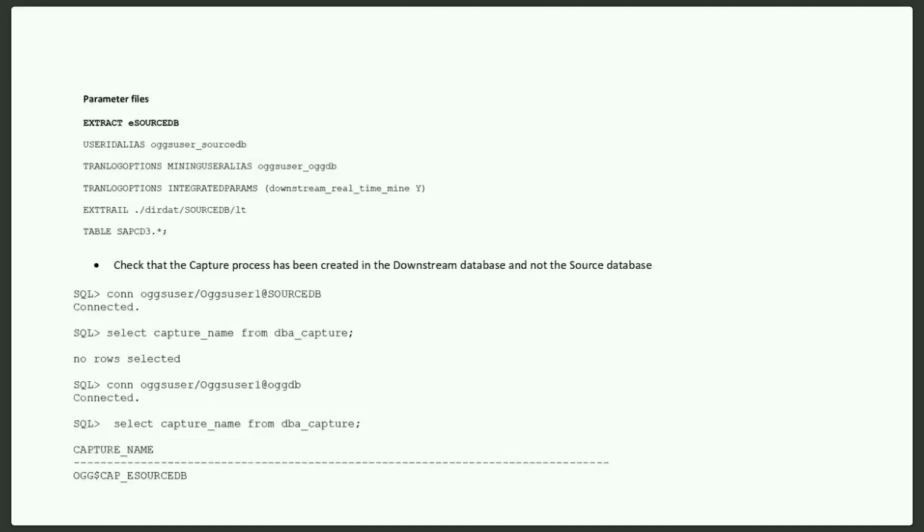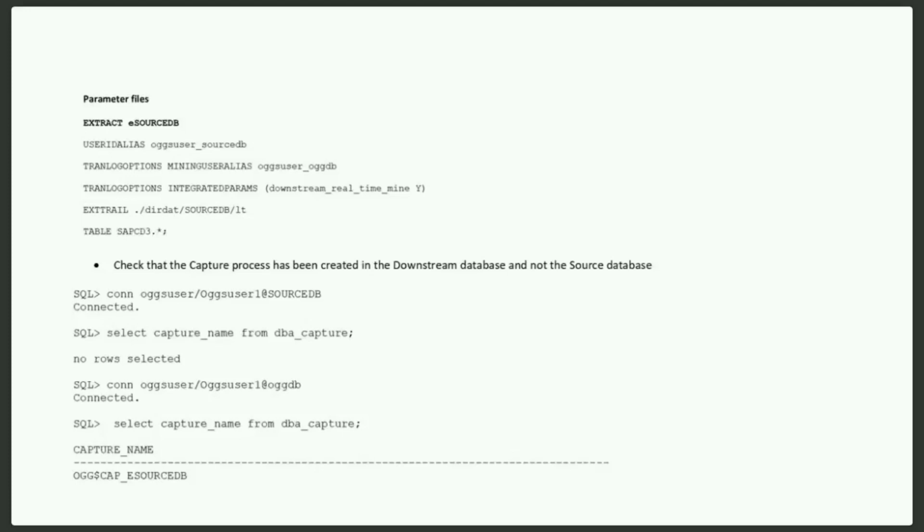Here we can connect to the source database, and if we query DBA_CAPTURE, the query SELECT CAPTURE_NAME FROM DBA_CAPTURE returns no rows, because we have created the integrated extract, which in turn will create a capture process in the database, and that's happening in the OGG-DB database. This is just to show you, verifying that.